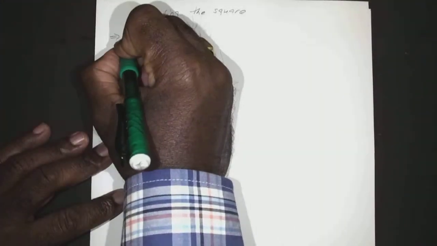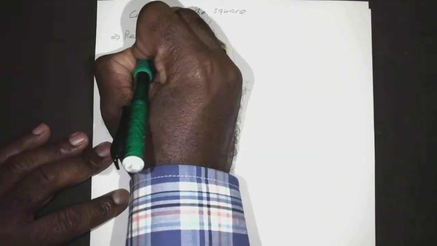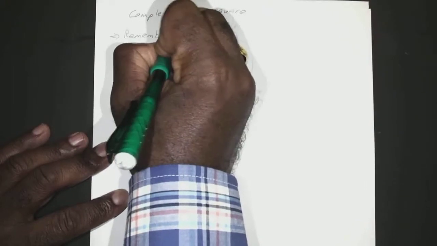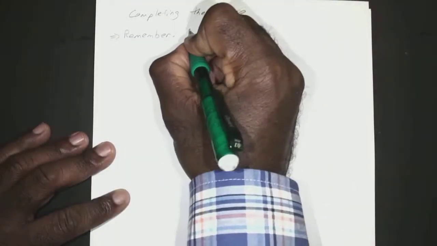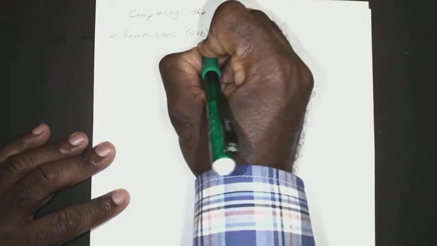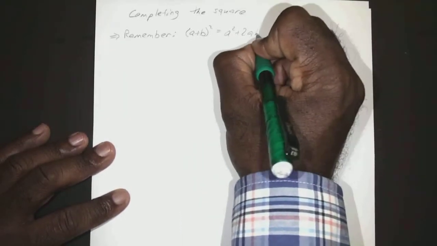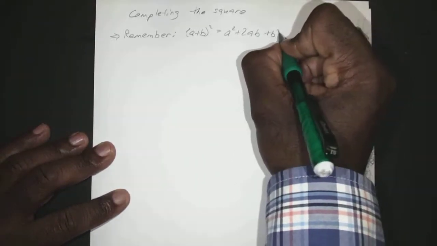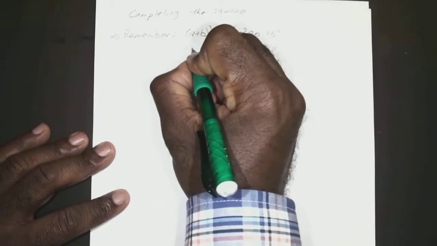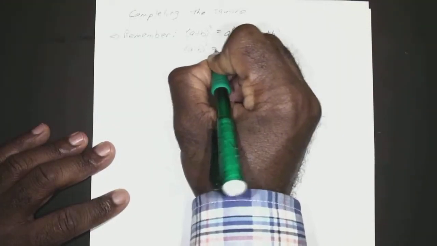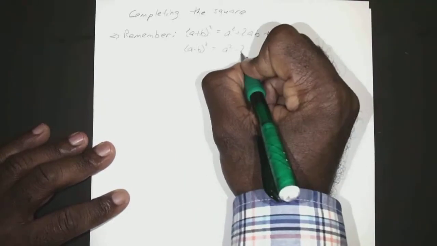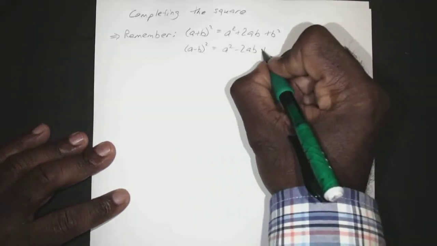But here's a quick review. If you remember, a plus b squared is a squared plus 2ab plus b squared. And a minus b squared is a squared minus 2ab plus b squared.